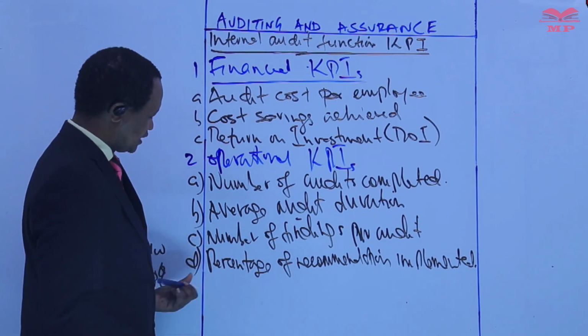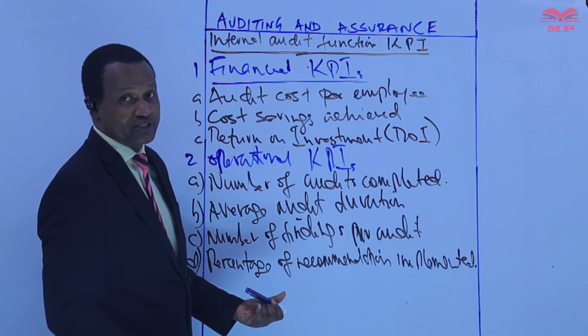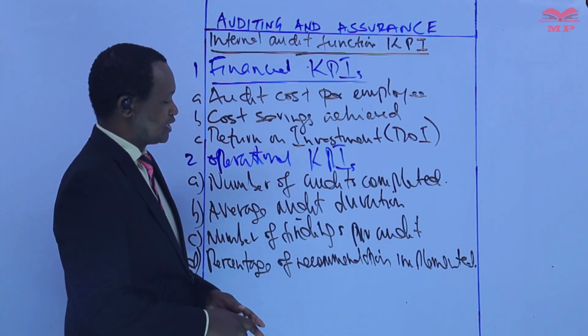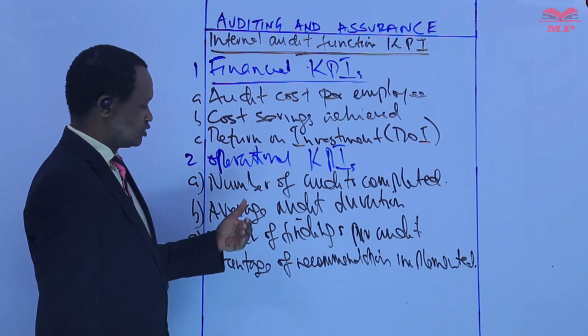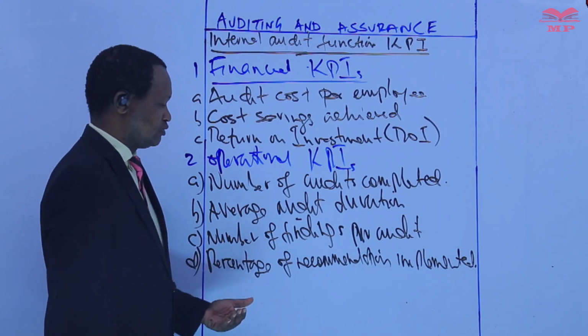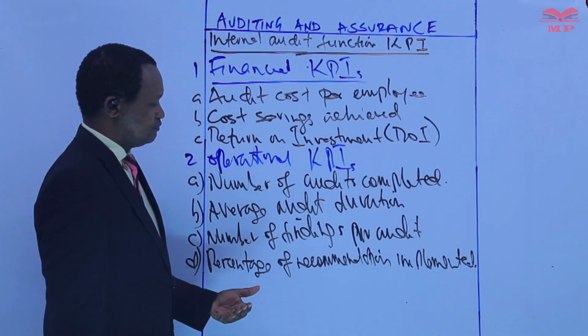So if not all the recommendations are implemented, this is a key performance indicator that goes a long way to help the company in finding out why these recommendations were not implemented. What is the reason? Then corrective measures are also taken.